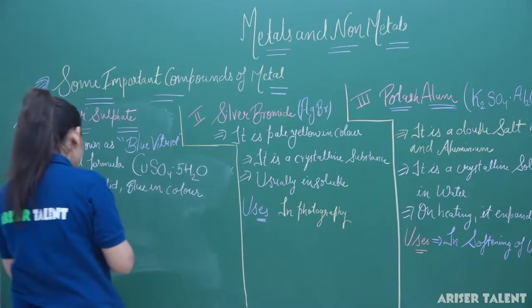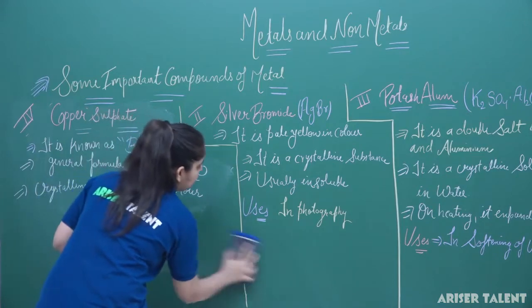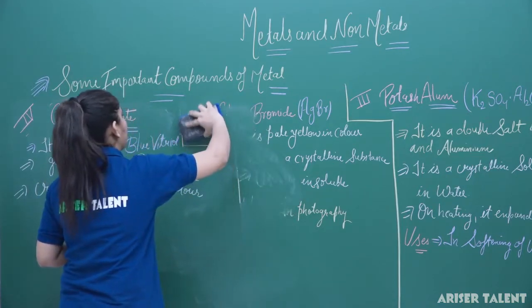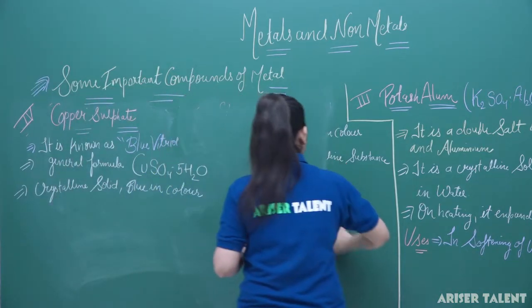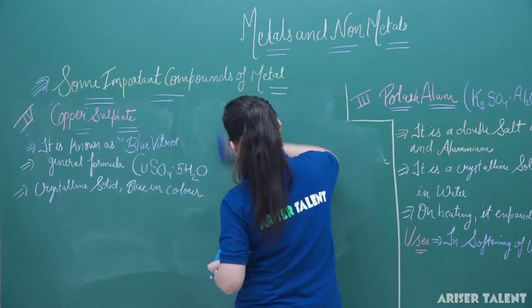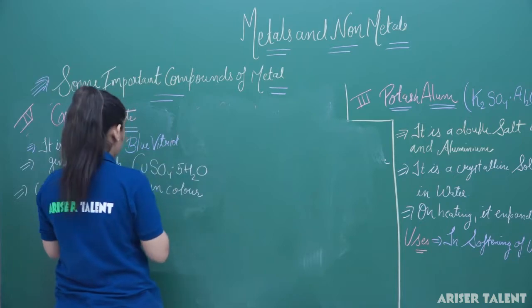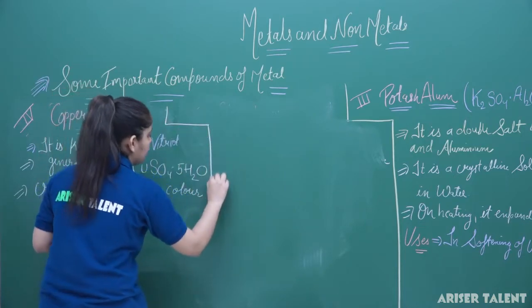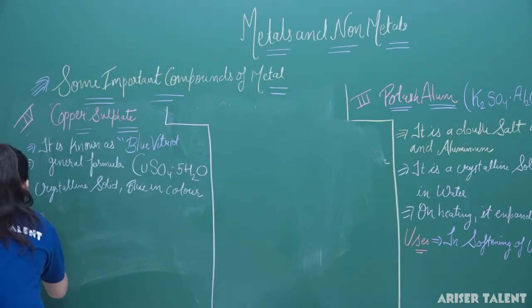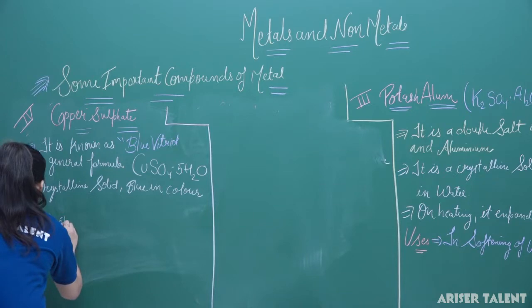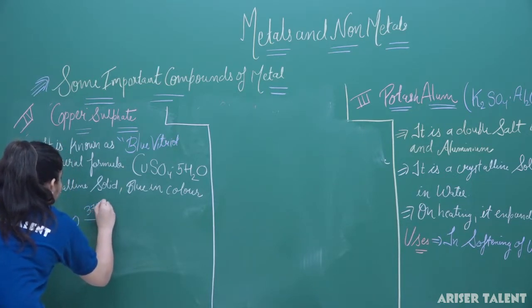Now what will happen next, when copper sulphate is heated at 373 Kelvin.